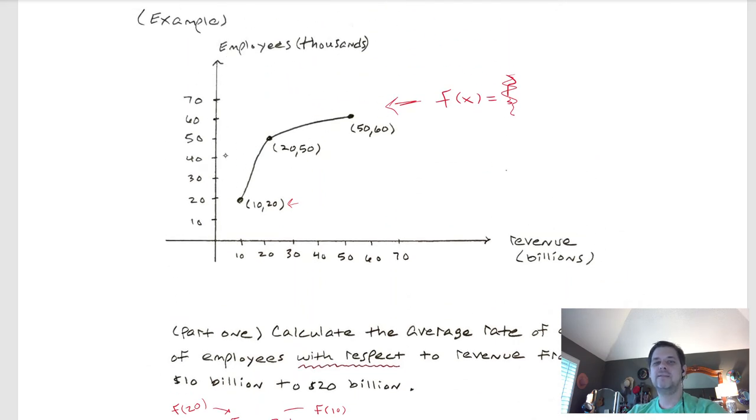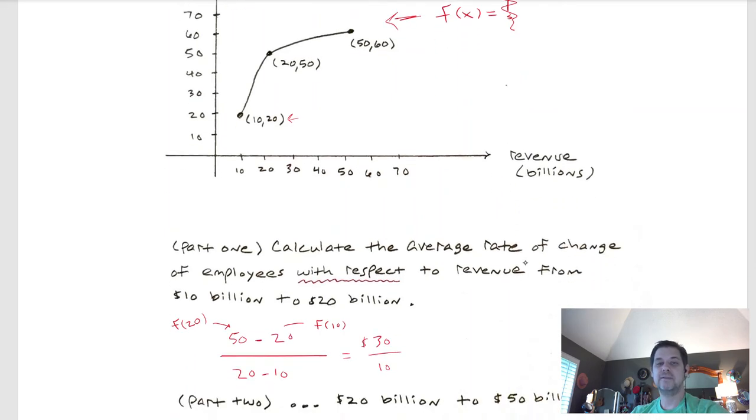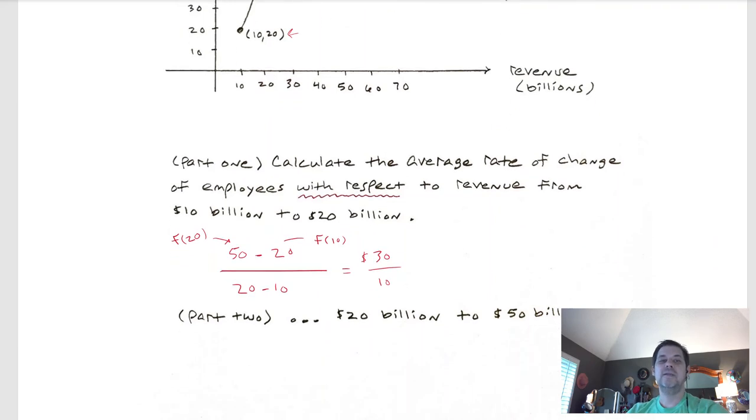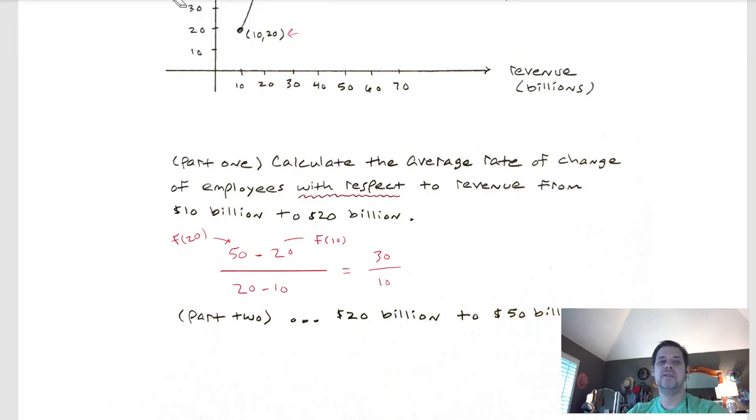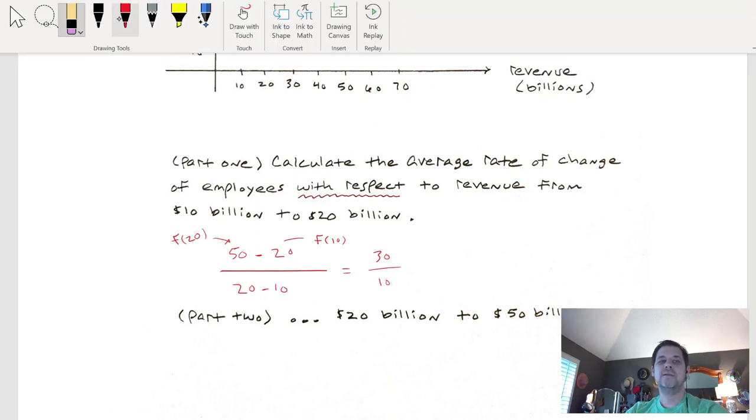The y-axis is the number of employees we have, and the x-axis is the revenue in billions of dollars. I made a little mistake there. There shouldn't be a dollar sign right there. So my units are like this.